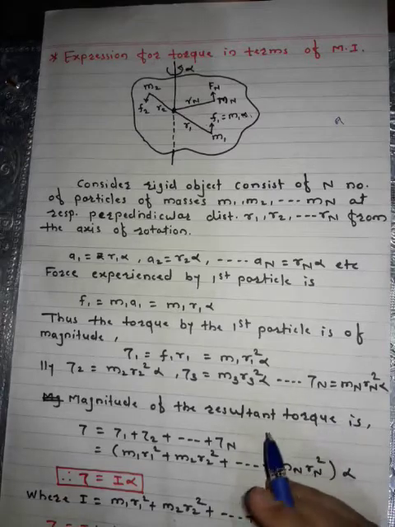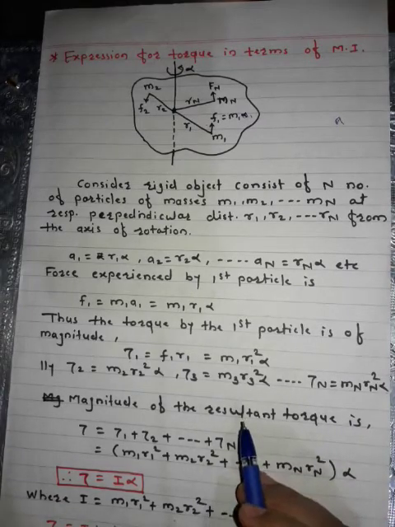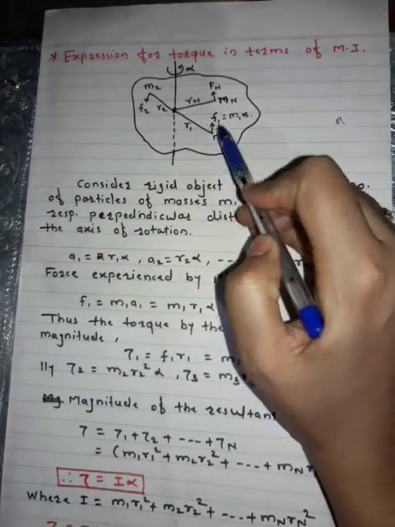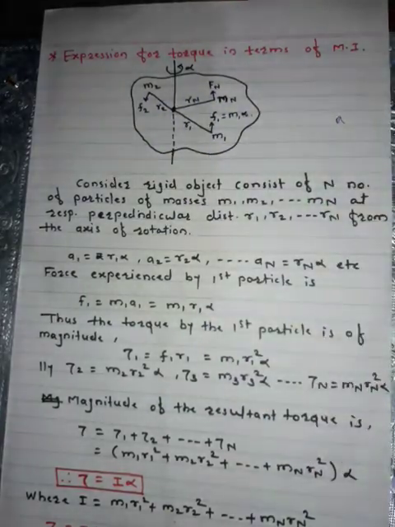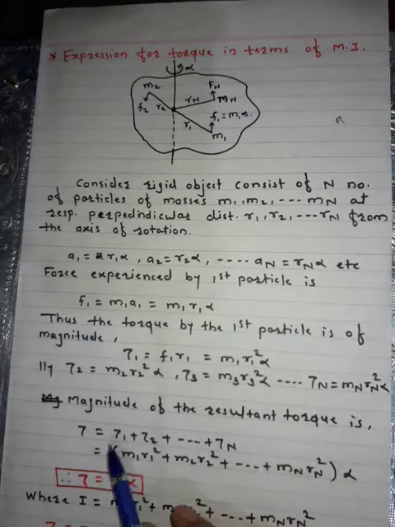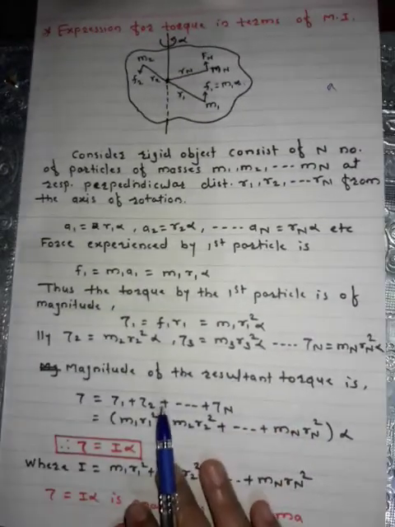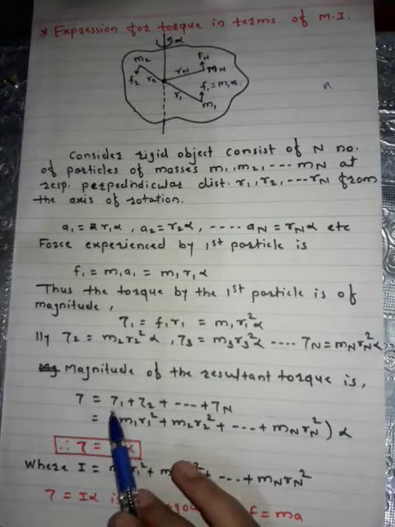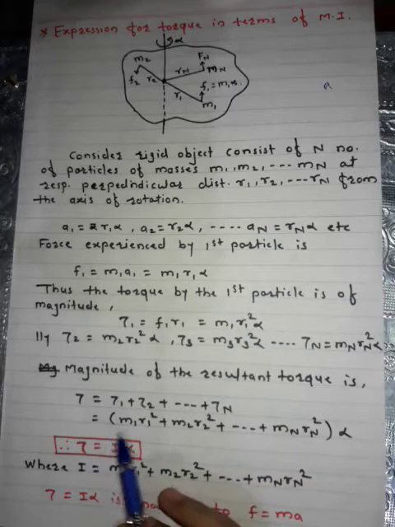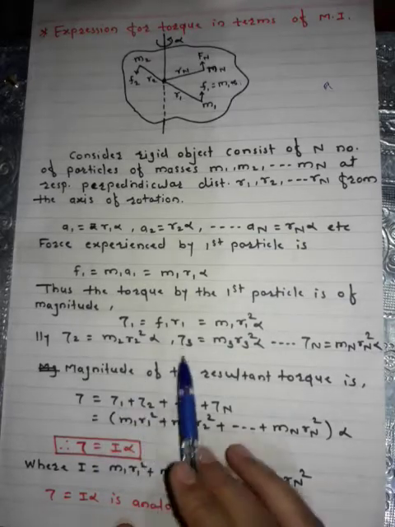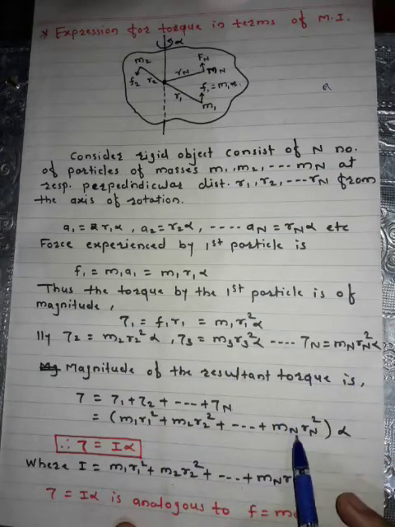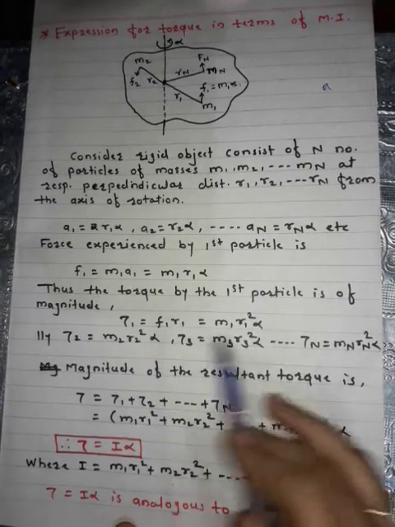If the rotation is restricted to a single plane, then the direction of all these torques will be the same. Then the magnitude of the resultant torque is given by τ equal to τ1 plus τ2 plus τn. So it is equal to m1 r1 square plus m2 r2 square plus mn rn square, and here alpha is common.